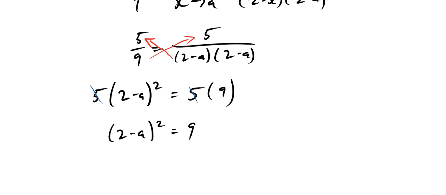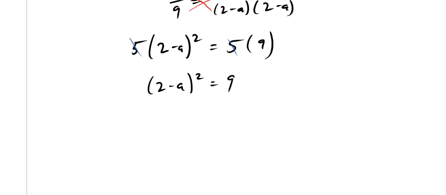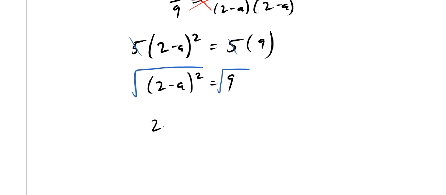What do you want me to do now? Nice, good thinking. You could expand and simplify, move everything to one side and factor, but it would probably be a little bit easier to take the square root of both sides. When we do that, 2 minus a equals plus or minus 3.